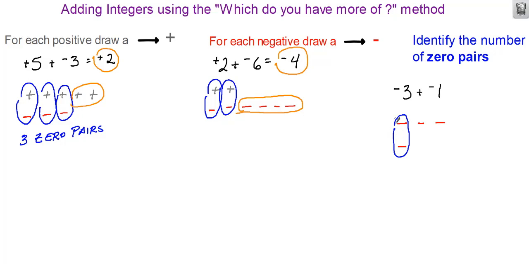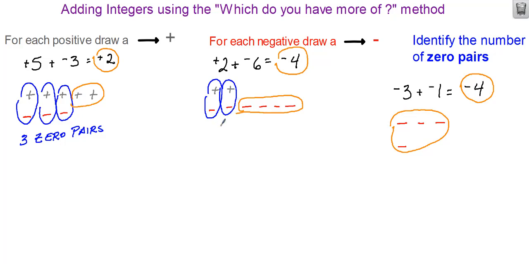A negative and another negative don't cancel out to a 0. The only way you can get a 0 is a positive with a negative. So here, all 4 of those are left over, and since all 4 are left over, our answer is negative 4. So if you add negative 3 to negative 1, you get negative 4.